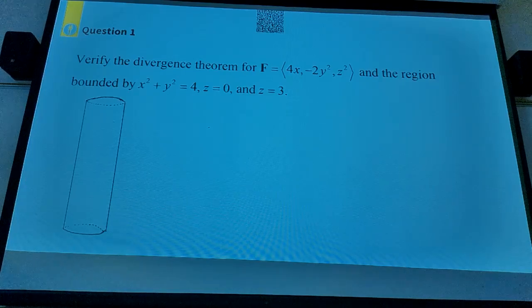This is the surface. This corresponds up here to z equals 3, and this down here corresponds to z equals 0.